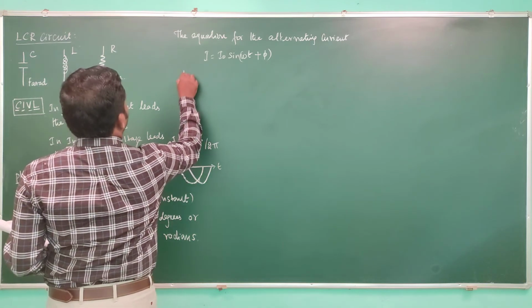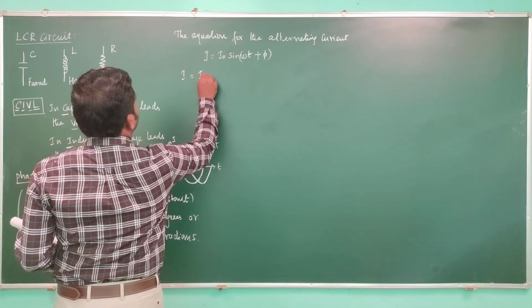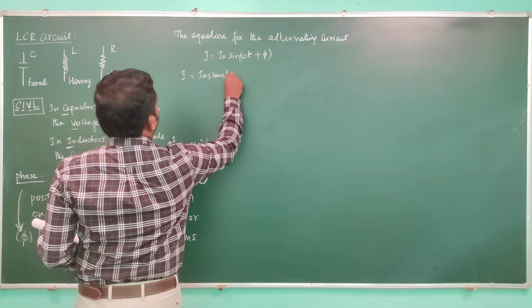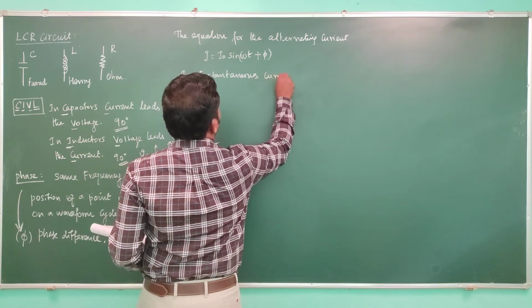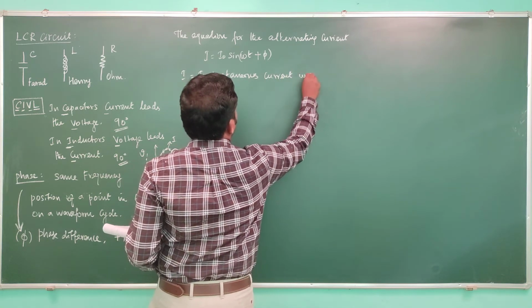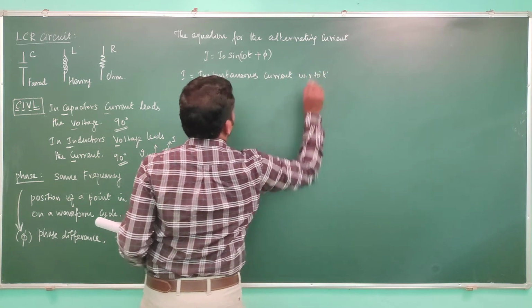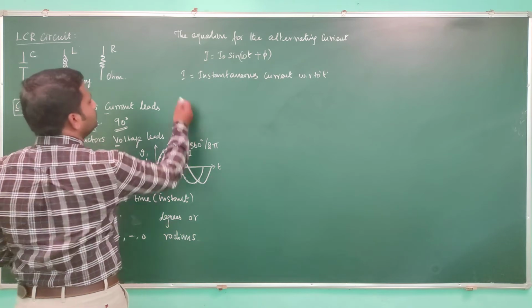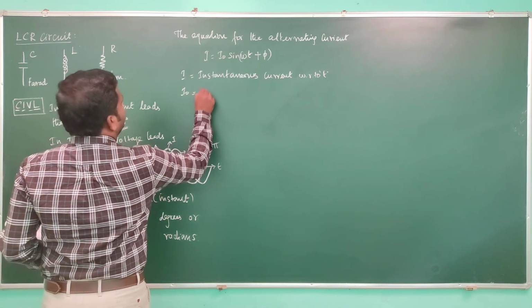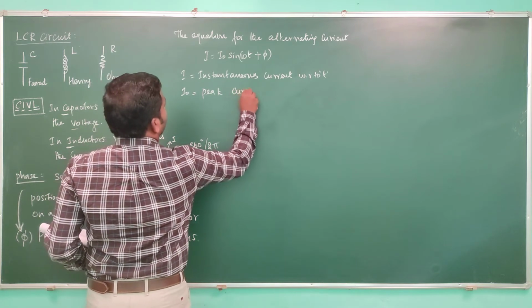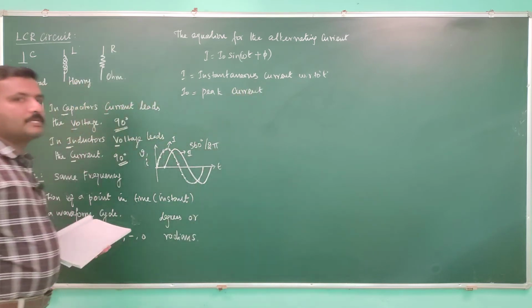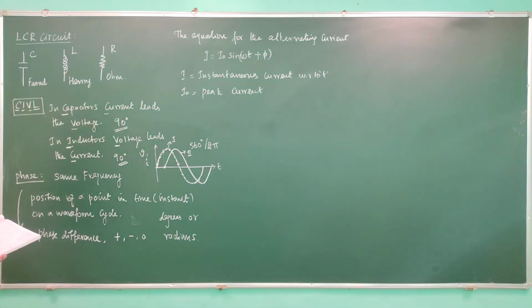I is the instantaneous current with respect to time t. I naught is the peak current observed in a particular circuit.